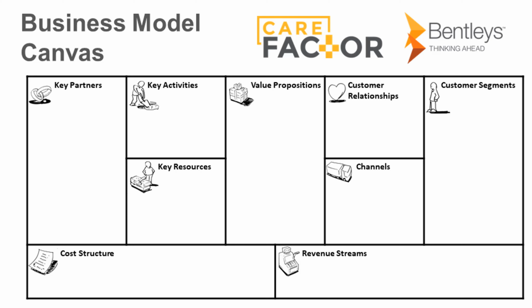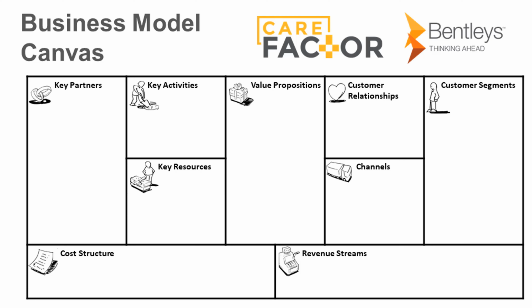Those customer relationships are established and maintained within each customer segment, and may be transactional relationships, may be sticky relationships, may be relationships based on trust. The value proposition, customer segments, channels, and customer relationships all describe the front of house activities of your business model, or the desirability of your business model.